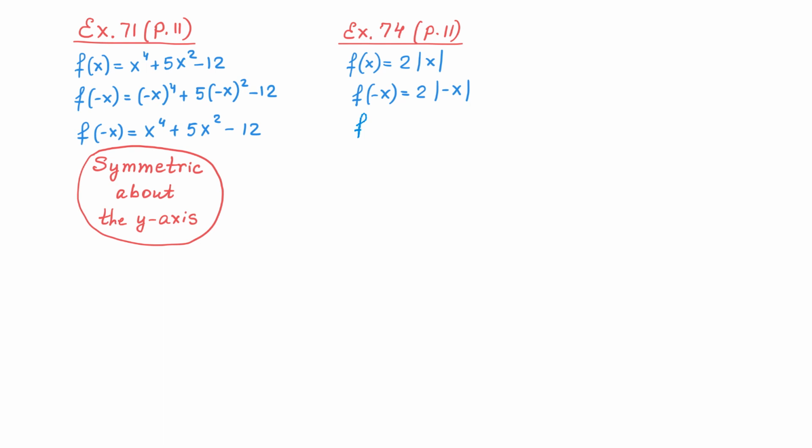So we can say that f of negative x is the same as 2 times absolute value of x. And because now the result is the same as the initial function, we can say that this function is even, therefore is symmetric about the y-axis.